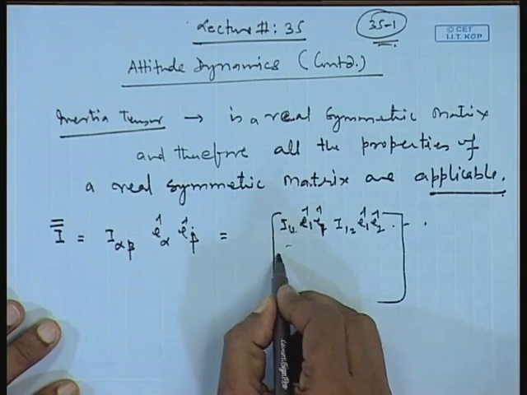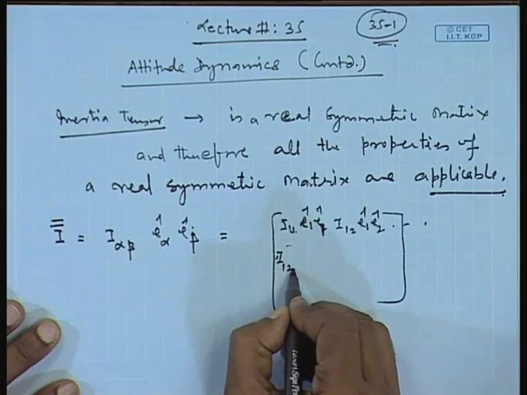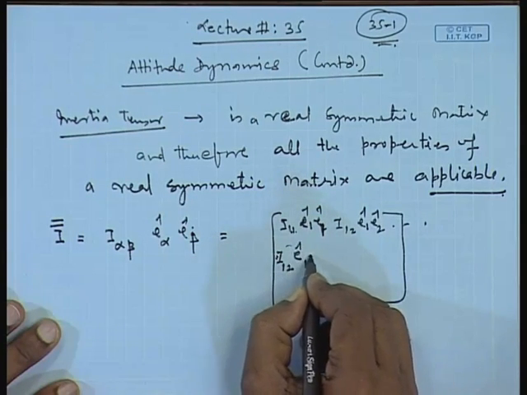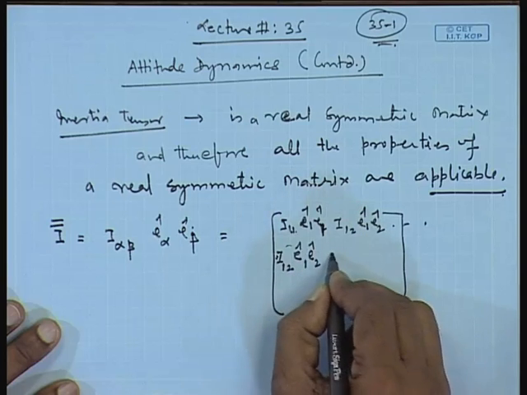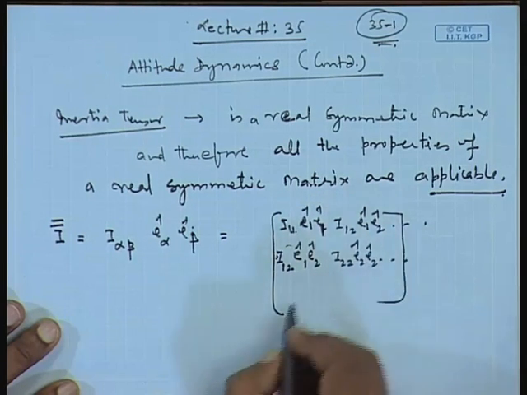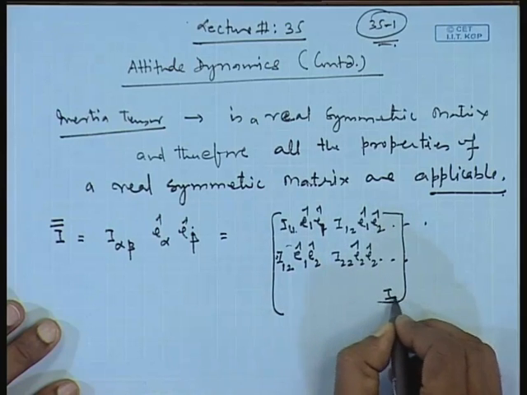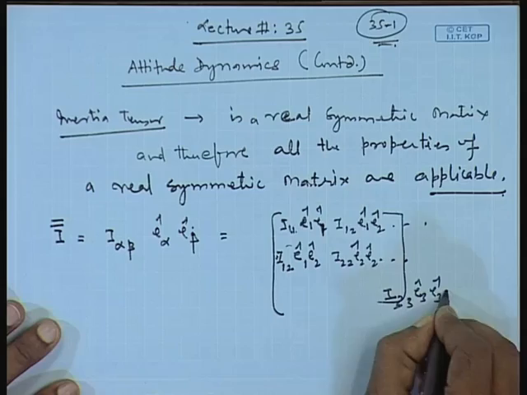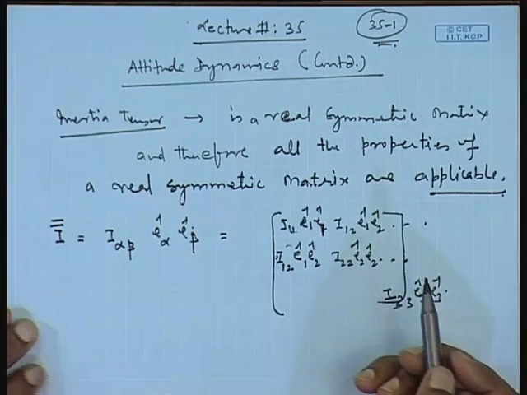In the next we had I 1 2 E 1 cap E 2 cap and then I 2 2 E 2 cap E 2 cap, so on. And the last entry here is I 3 3 E 3 cap E 3 cap.